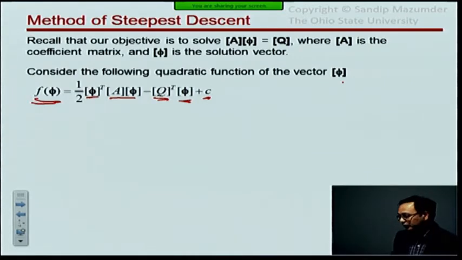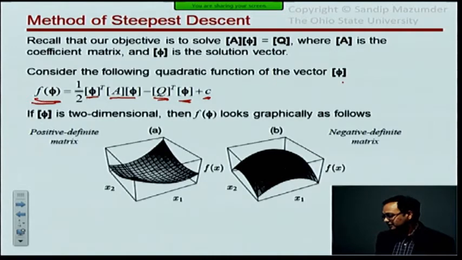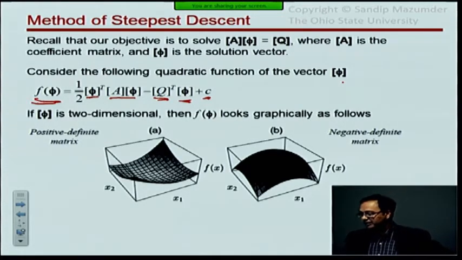So here is a two-dimensional plot. If phi is two-dimensional, then f of phi looks as follows. That is, if A is a positive definite matrix, then the function is going to look like this.